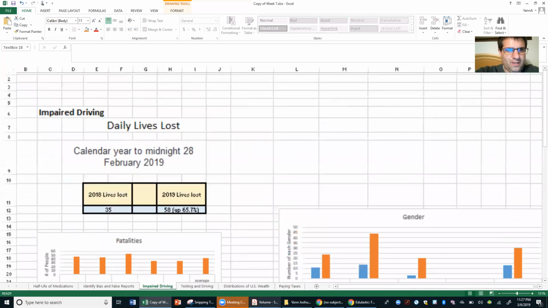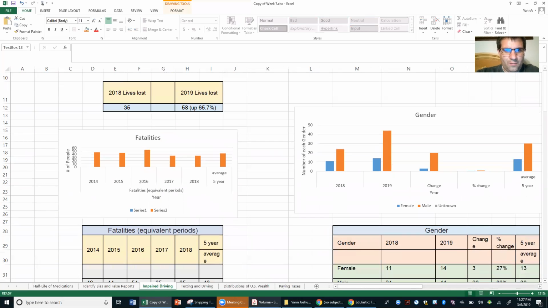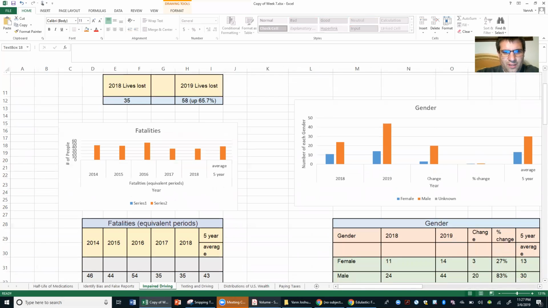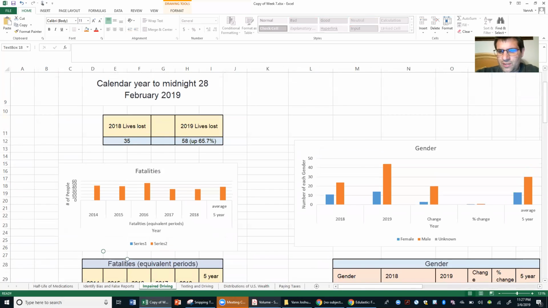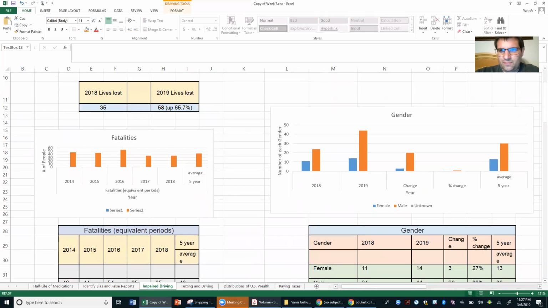All right. Scenario 3, we went over impaired driving, and we started out with making the bar charts.